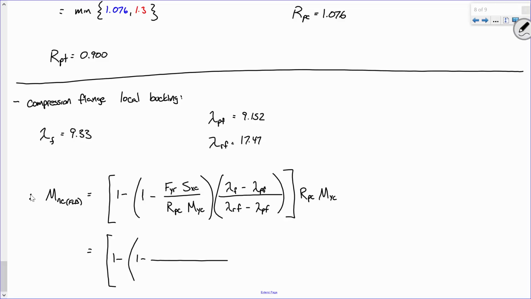FYR was what? Wasn't it 35 KSI? 35 KSI. Now SXC, that was that section modulus, the one on compression, and I think that was 614 cubic inches, right? All right. RPC, we just did that, was 1.076.